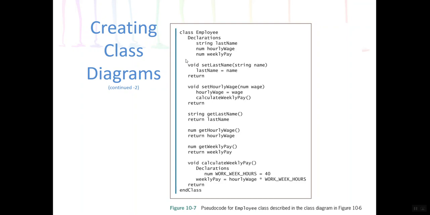We are declaring some variables. These variables are the attributes, fields, instance variables. There are three different terms used here, but they really mean the same thing, relating to the kind of data we're going to be storing about each employee object. Each employee will have a last name, an hourly wage, and a weekly pay. So it's the data that we store for an employee.